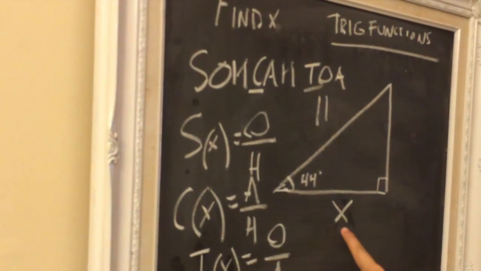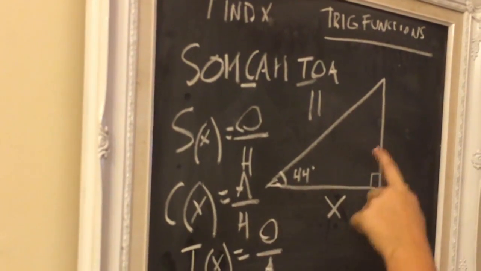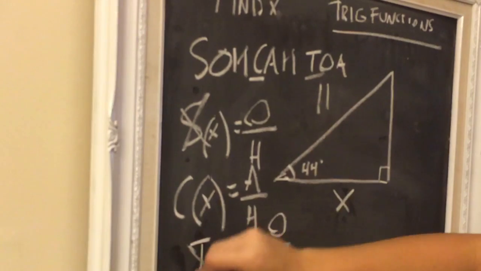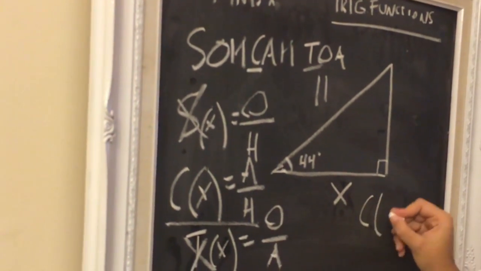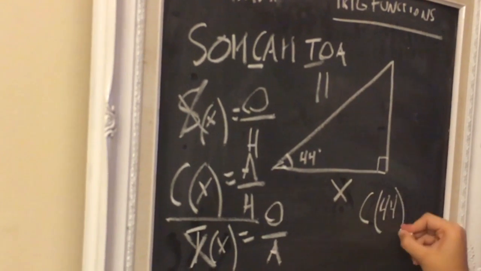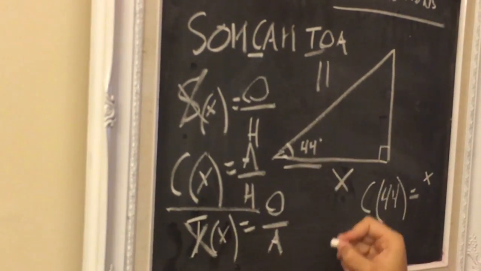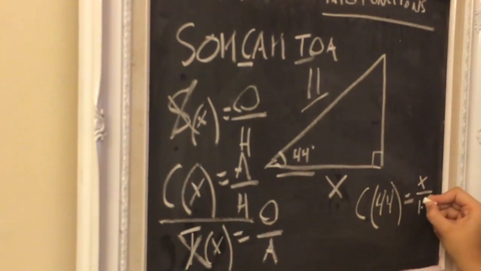Here, trying to find x, we're given one angle measure, which is 44 degrees. If you're looking at x, this is the adjacent side, so we're not going to be using sine or tangent. So here we're left with cosine. So the cosine of 44 is equal to x, the adjacent side, over 11, the hypotenuse.